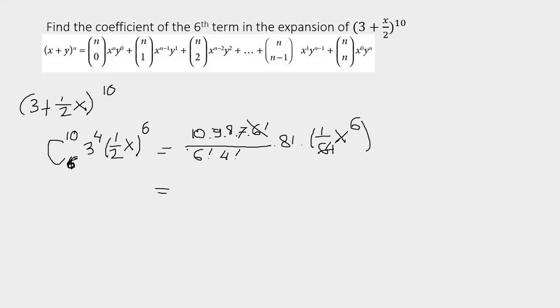And we continue to calculate. 4 factorial equals 4 times 3 times 2 times 1, it means 24.